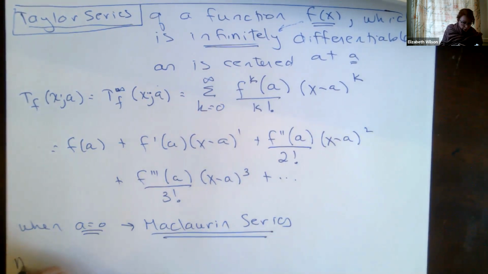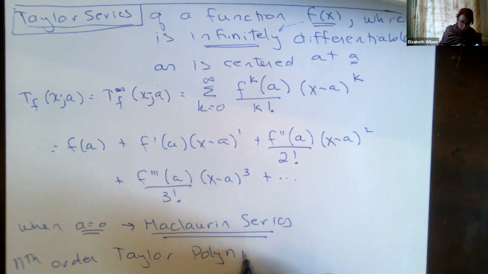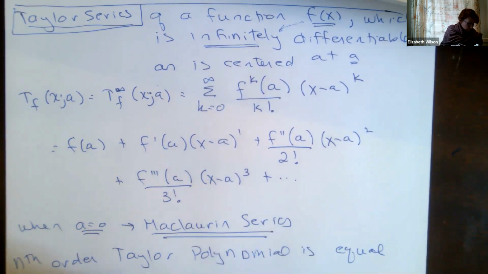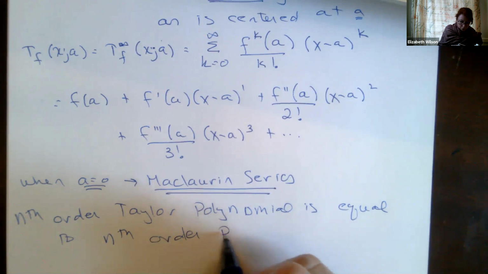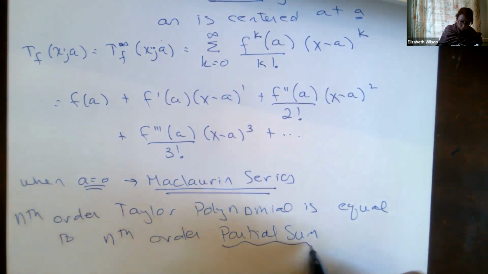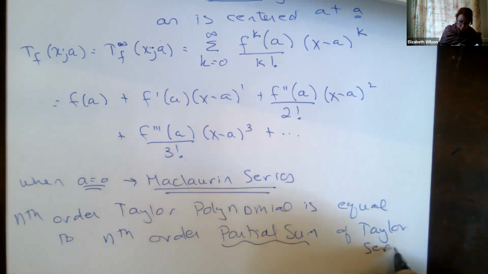Okay, so we say that the nth order Taylor polynomial, which is what we did yesterday, is equal to the nth order partial sum of the Taylor series.